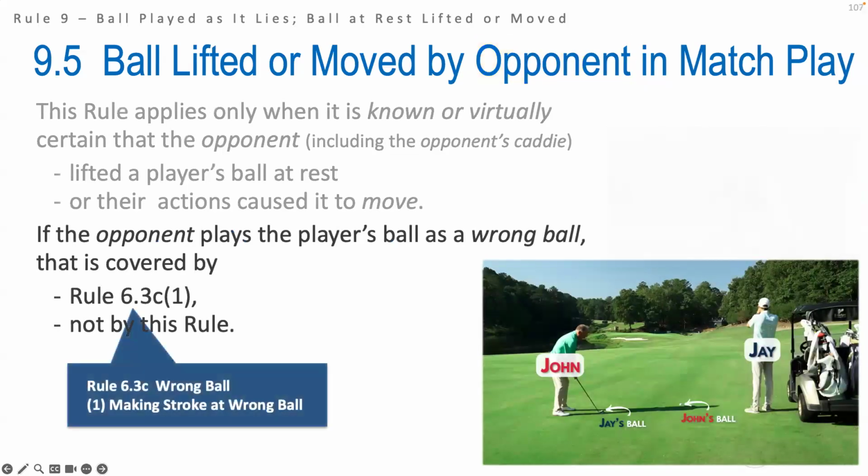If the opponent plays the player's ball as a wrong ball, again, this is playing traffic cop. It's saying we need to go look in Rule 6.3. We're not going to look in here because that's playing a wrong ball. That's not moving their golf ball in match play. That's making a stroke at a wrong ball.